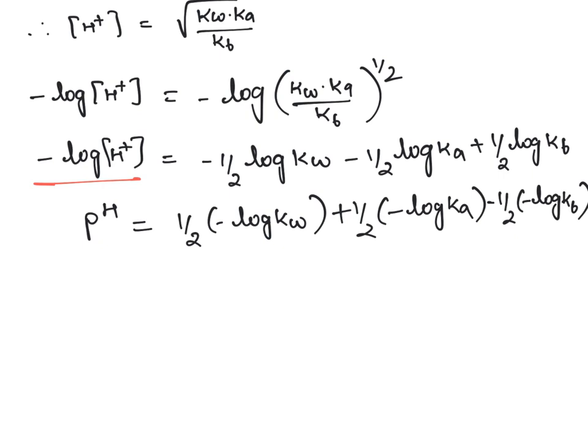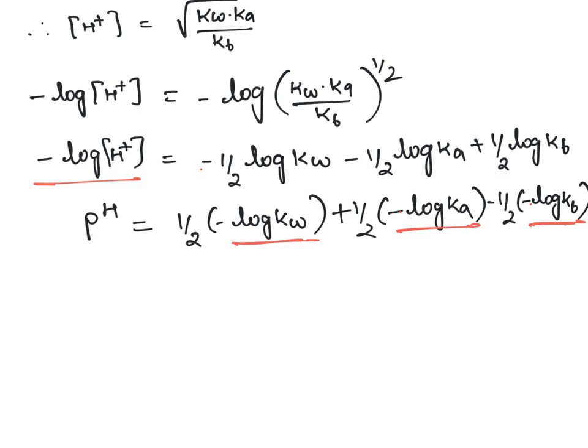Here the minus I have taken with minus log Kw, and the plus becomes minus, and minus into minus becomes plus. So minus log Kw I can write as pKw, minus log Ka we can write as pKa, and minus log Kb we can write as pKb.